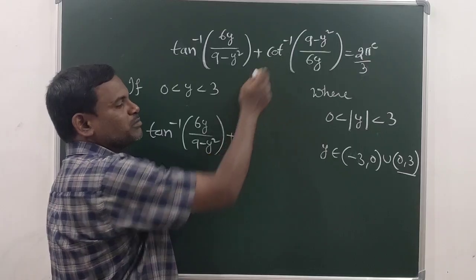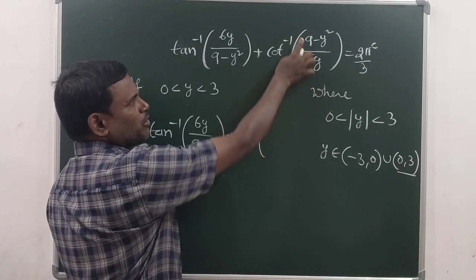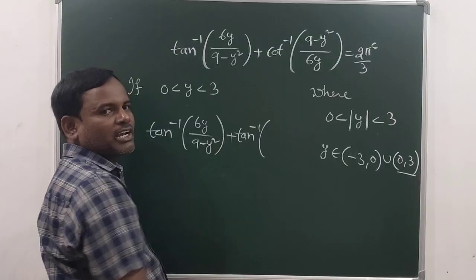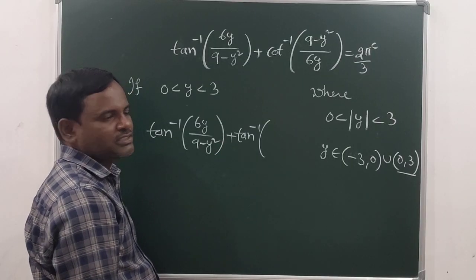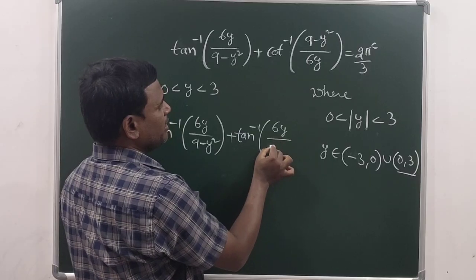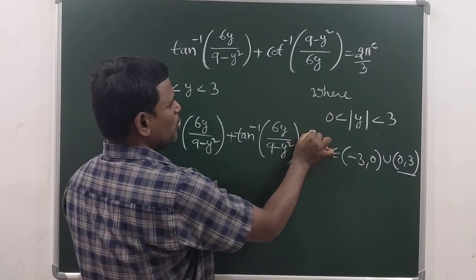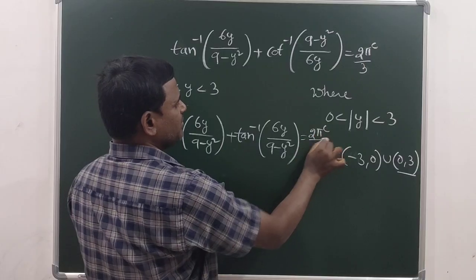Okay, now express in terms of tan. Now when you take reciprocal of this, then you will get in terms of tan inverse. So tan inverse of 6y by 9 minus y square, which is equal to 2 pi radians by 3.